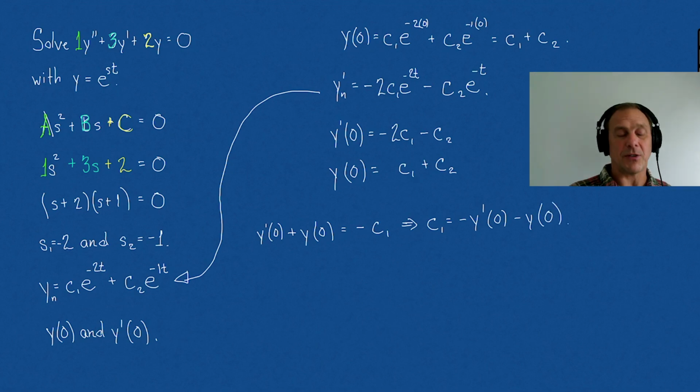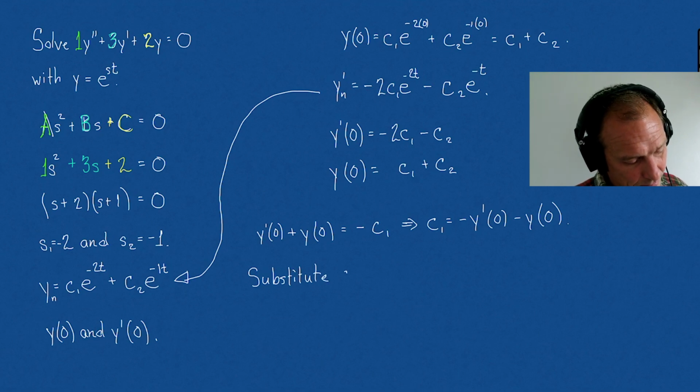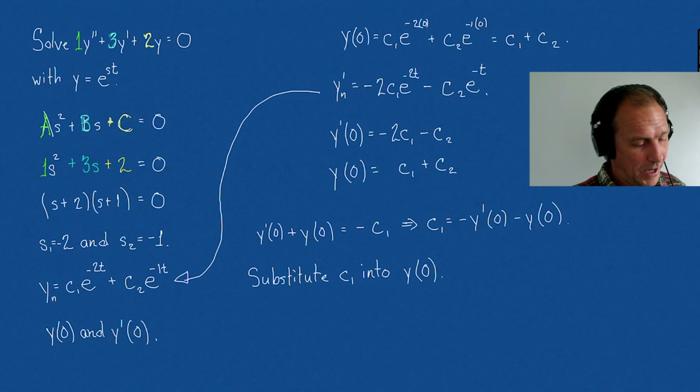Okay. And now we just substitute this in to find C2. I'll use the second equation. So I have y of 0, substitute C1 into y of 0.